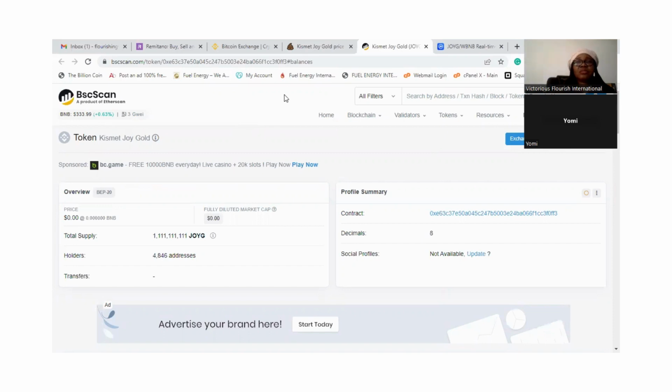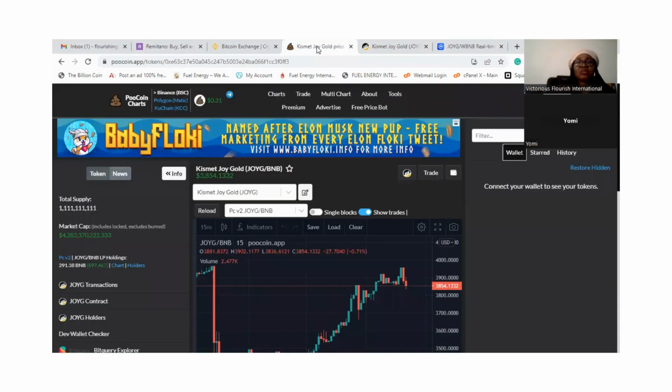When I look at my back end, maybe I have more than 20,000 Joy G. If I drop it now, the money is gone. So even the 20,000 that we have there is rubbish. The coin you have there doesn't have any value.